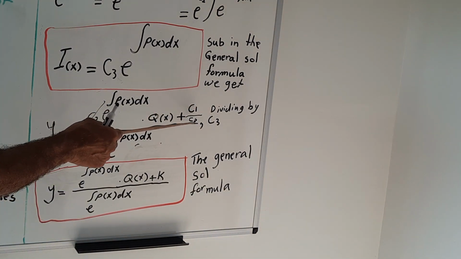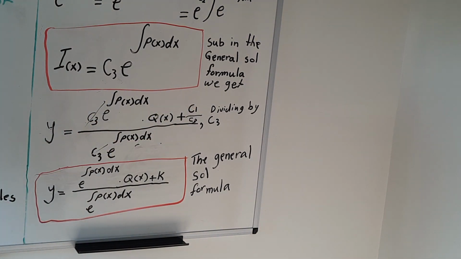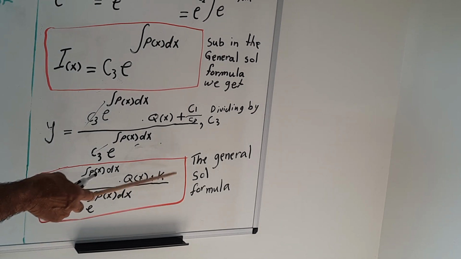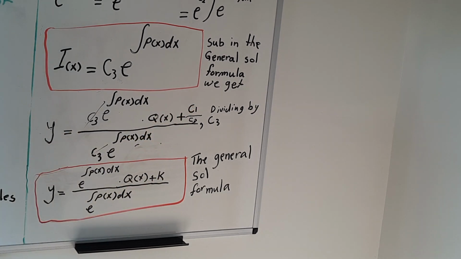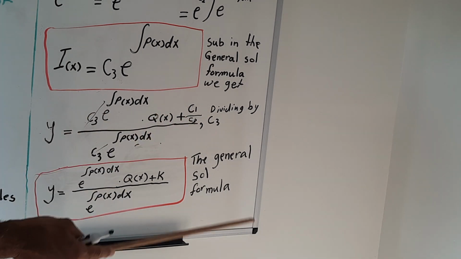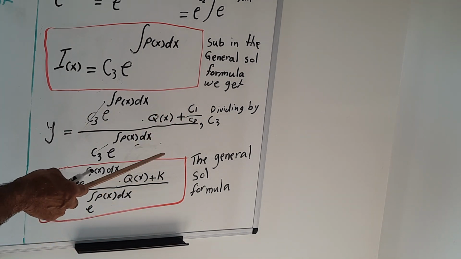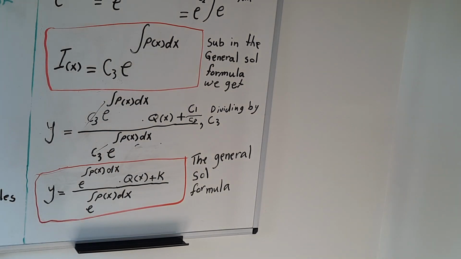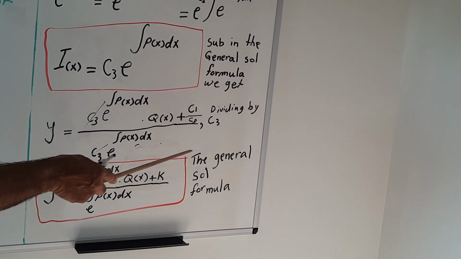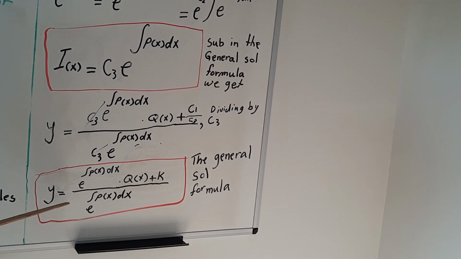So C1 over C3 is still a constant, so we denote it by k. It is the same constant, C1 over C3, and k is still a constant because we need one constant. And here, this is the general solution formula, the final one.